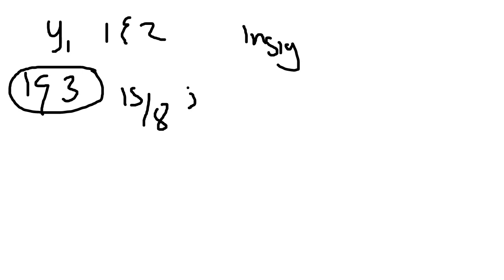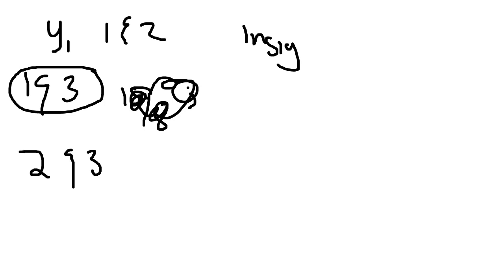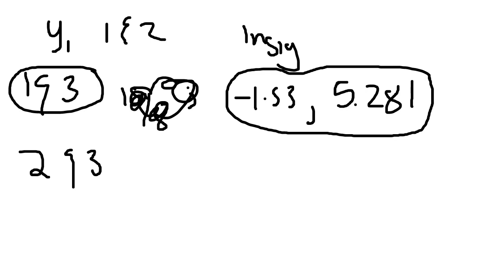The lower is negative 1.53, and the upper limit is the one that Omu gave me, 15.8 or 5.28. It's 5.28. Still the same. Looking at the two values, it means that again mean 1 and mean 3 are the same, right? Let's go to the last one, mean 2 and mean 3.